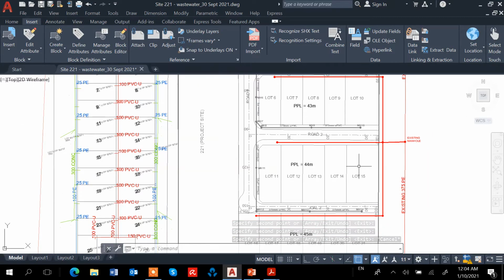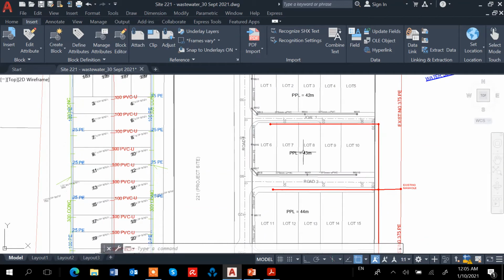So this is the sewer pipe that we're going to use. Later on we need to label the manholes and also the pipes. The pipes here we will label after we have done some calculations.